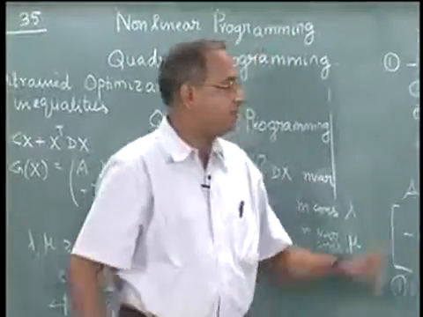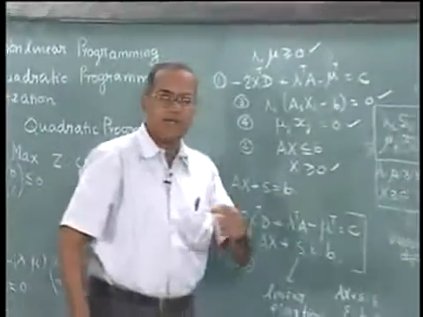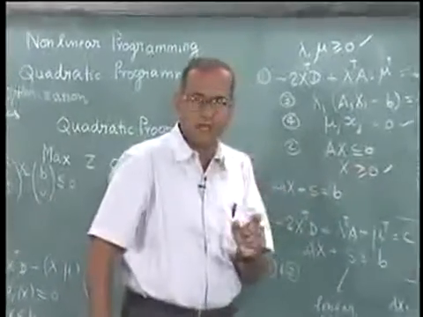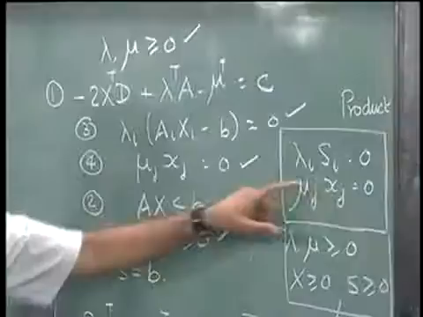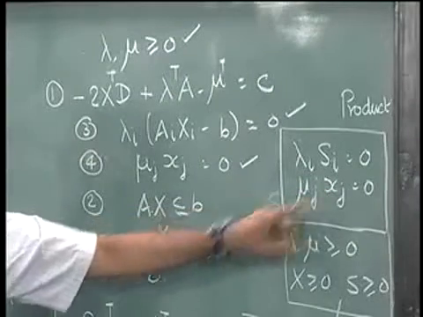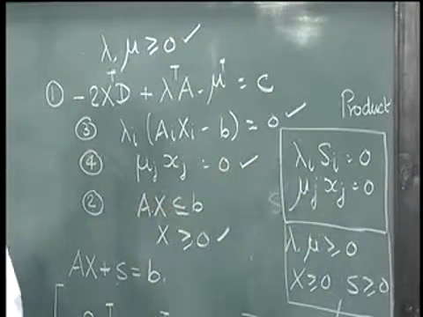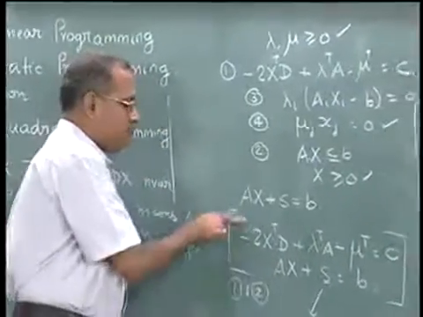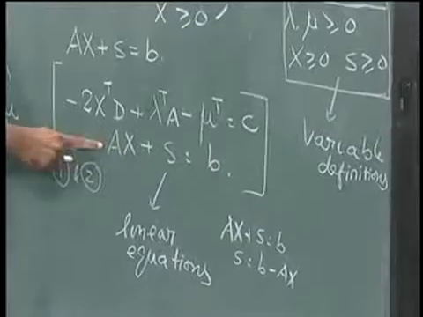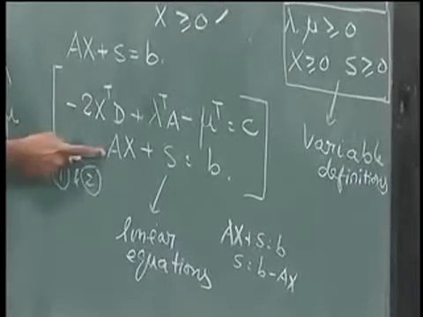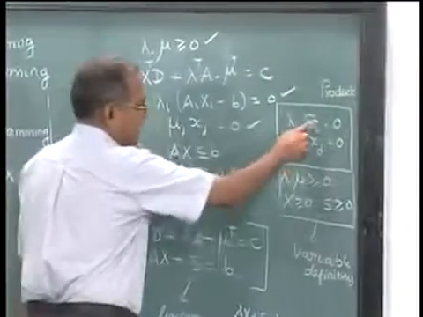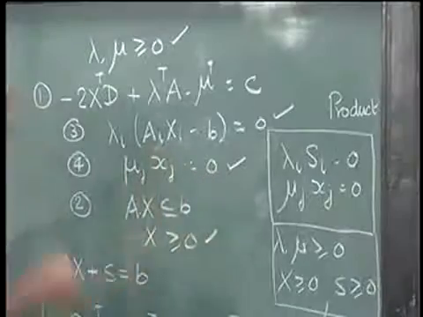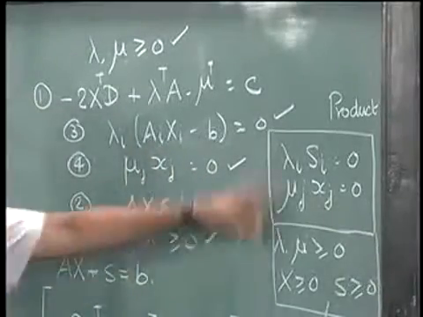So we have 2 times m plus n variables, where n is the actual number of decision variables, because both mu and x are from 1 to n, lambda and s are from 1 to m, the number of constraints, and this will be m plus n. Here you have m product, n product, again m plus n sets. Here it is m plus n plus m plus n, so 2 times m plus n.